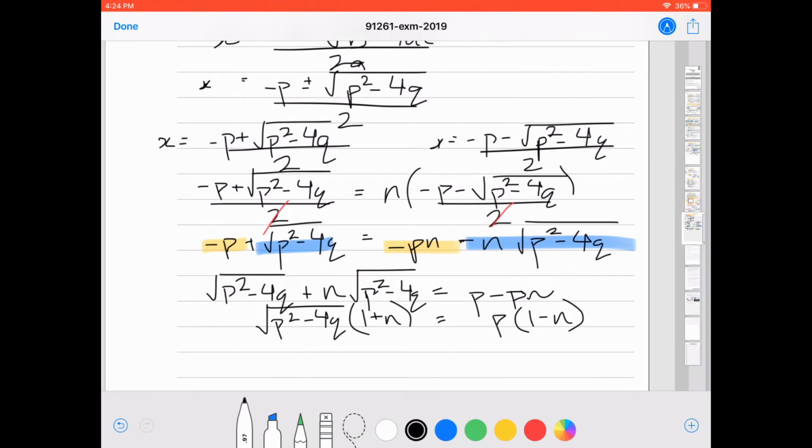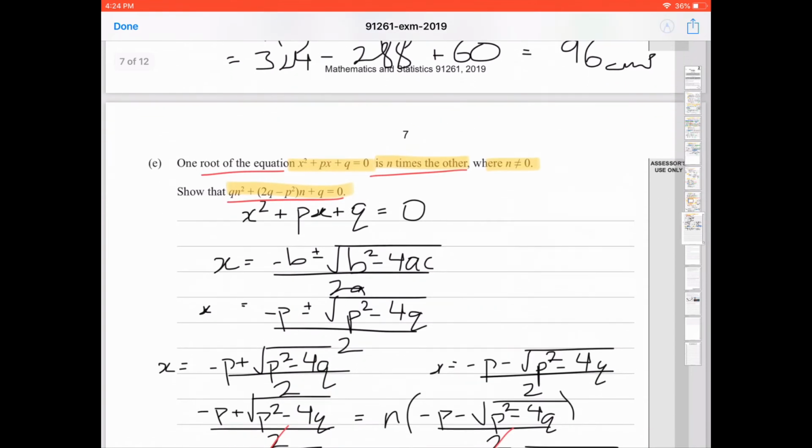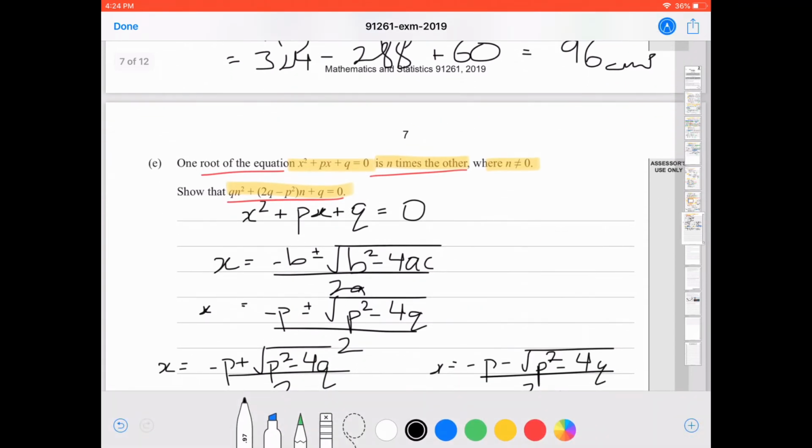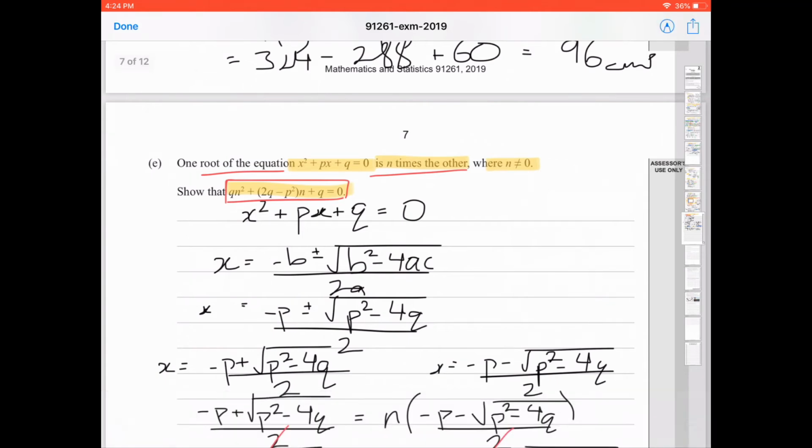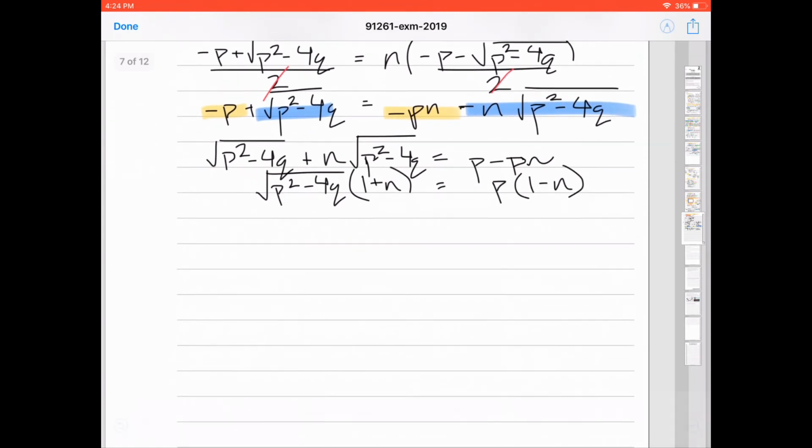At this point, let's go back up to the expression that we're working towards, and you'll notice that there is no square root p squared minus 4q in this equation. So the next thing we can try to do is get rid of our square root p squared minus 4q.